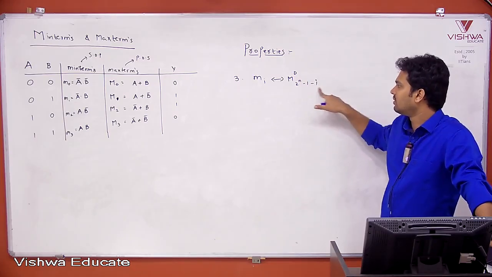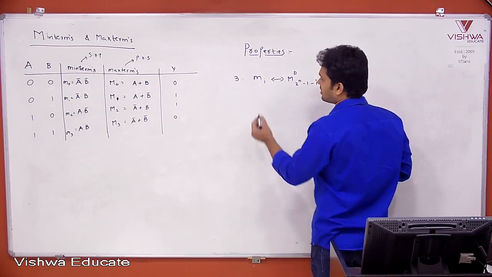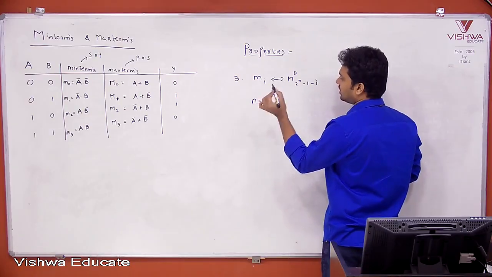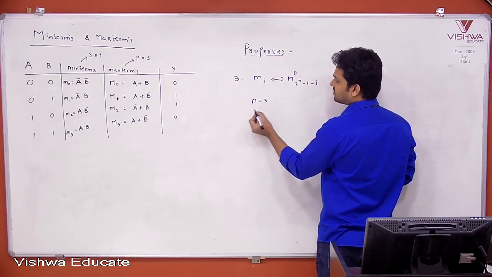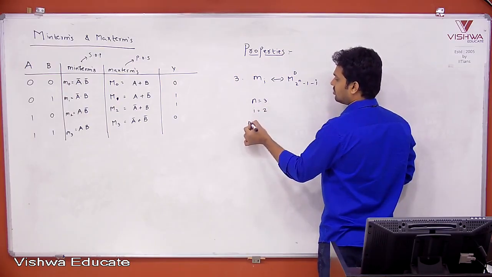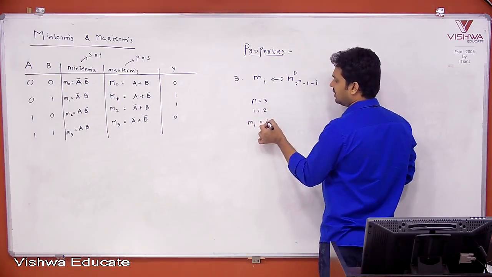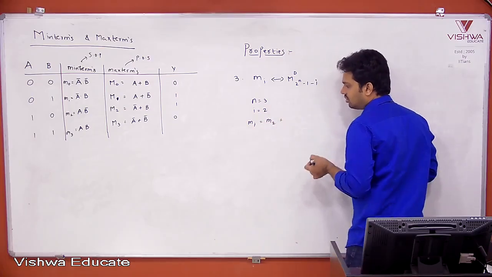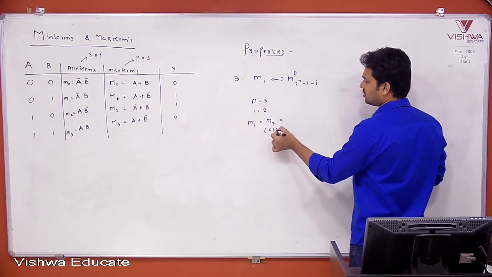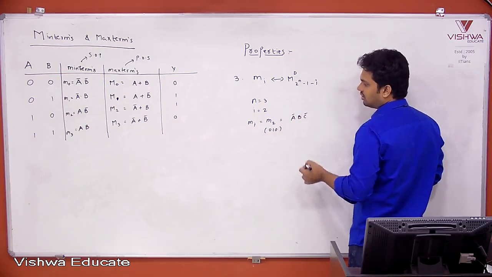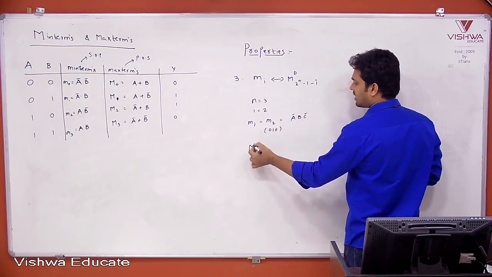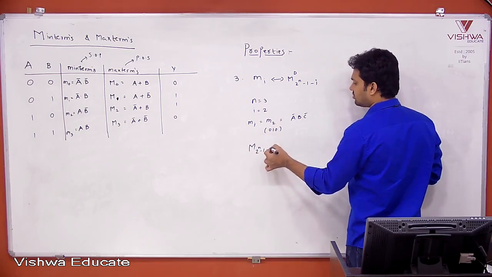What is this 2 power n minus 1 minus i? Let us take one example: n equal to 3 variable function. n is the number of variables A, B, C. Let us take i equal to 2. So what is minterm 2? 0 1 0, as we just discussed, A bar B C bar. Next, what is maxterm 2 power n minus 1 minus i?